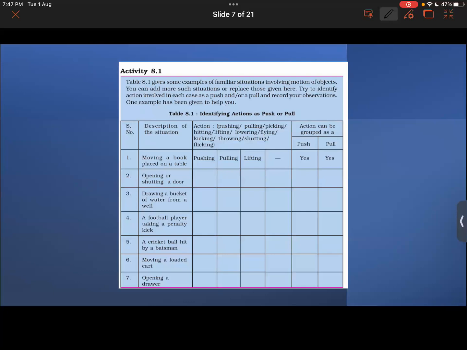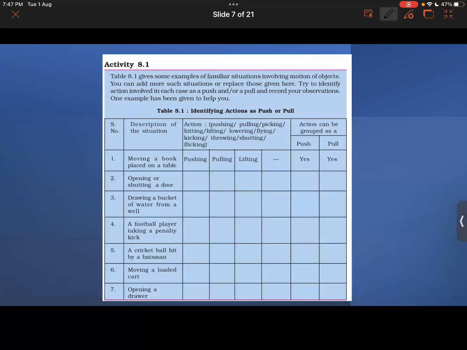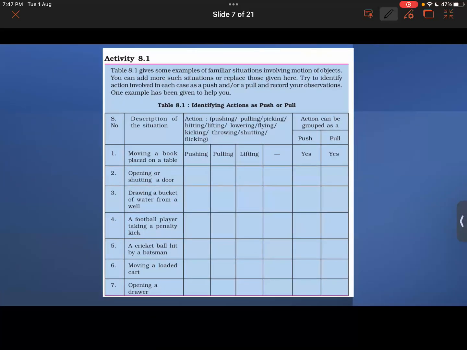Now see this activity. A number of situations are given in which we have to say whether we are applying a push or a pull, or lifting the object. Pulling is the same as lifting.